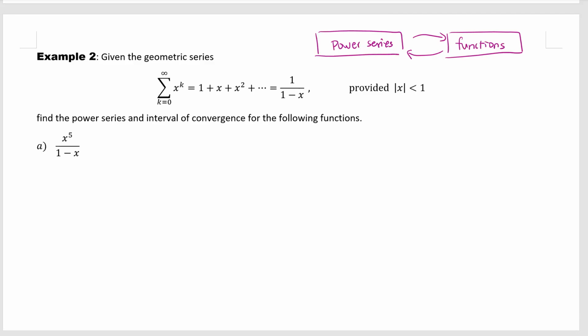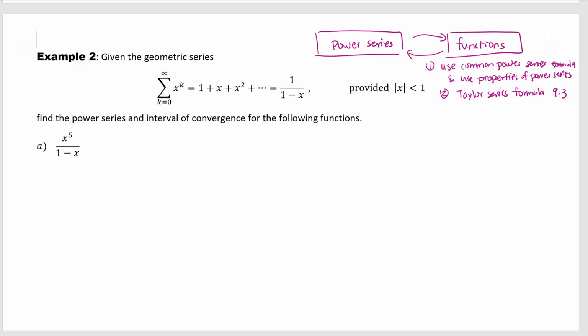For this direction, one method is we can use the common power series formula and use the properties of power series, which is what we're going to do right here. There is another method, which is to use the Taylor series formula. This is going to be in section 9.3, so we'll discuss it in the next session.